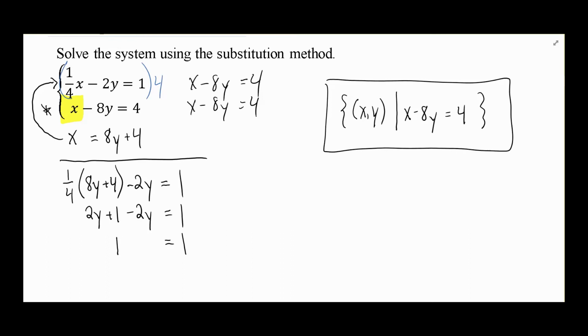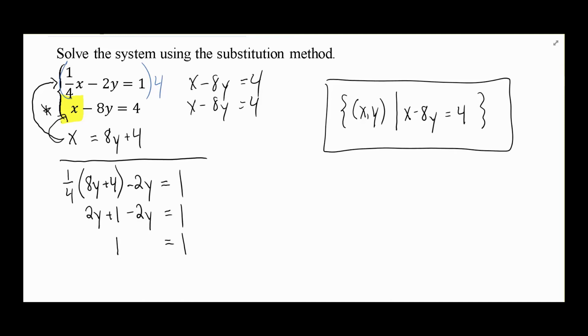For instance, if we would have taken our substitution equation and plugged it back into itself, you're always going to get a 1 equals 1 or 0 equals 0 situation. So we got to be careful there. We got to make sure that we're plugging our substitution equation back into the other equation. That's really, really important. So 1 equals 1, or 5 equals 5, 0 equals 0, means there's an infinite number of solutions.